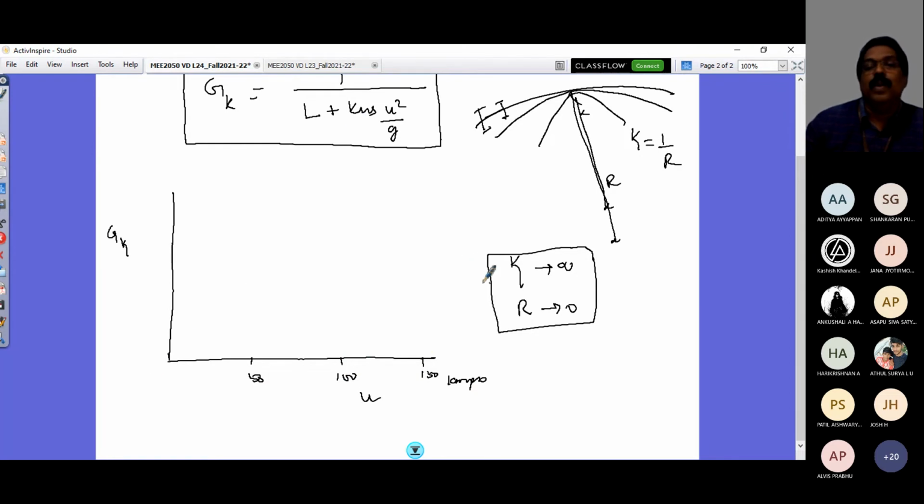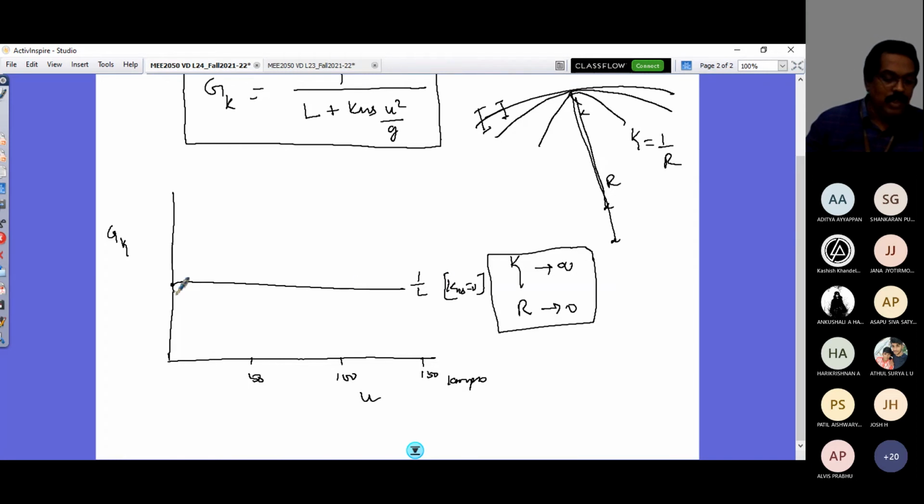When KUS is zero, that's the neutral state condition, so that's 1 by L. L is 3 meters for the chosen vehicle, so that's going to be constant. And that's 1 by L, your gain for the neutral state vehicle. When KUS is zero, your gain value is just 1 by L. And that's this, right?